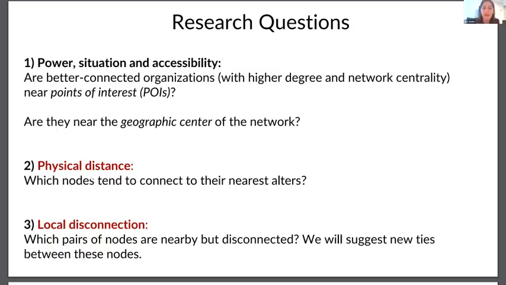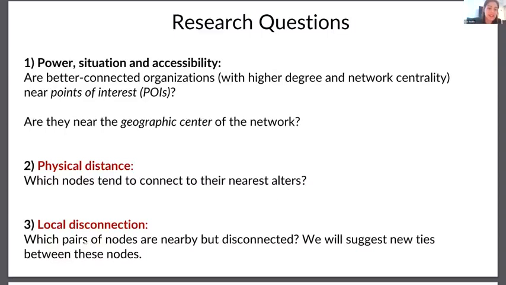Are organizations with more connections and a higher centrality near the geographic center of the network? I'll just pause here to mention that centrality is measured in a couple of ways, but it's a metric of how important you are in the network in terms of connecting other people. On physical distance, our other research question was which nodes tend to connect to their nearest alters? An alter just means their nearest neighbors, not the ego.